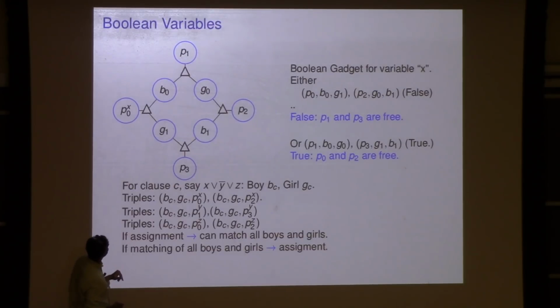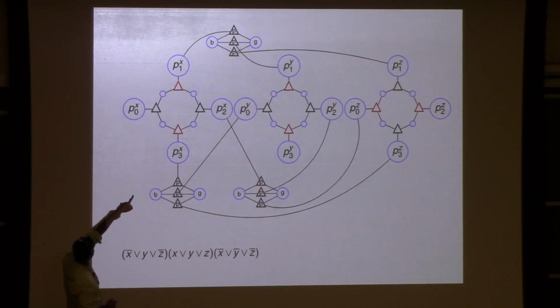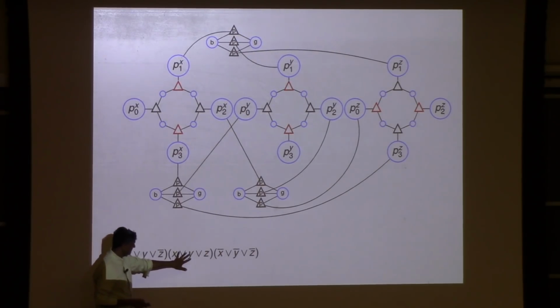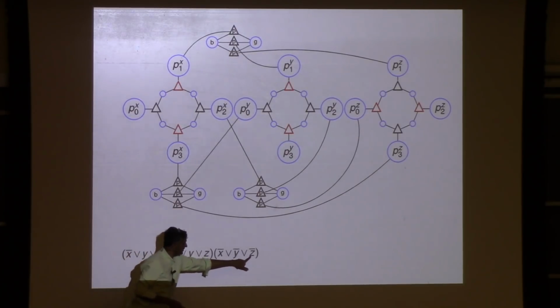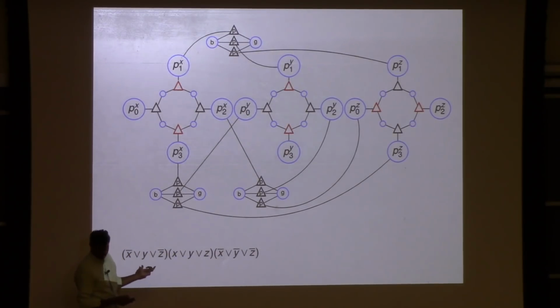Let's see. Right, assigning x to true. And so the assignment here is x is true, y is true, and z is false. Does that satisfy this? X is true, y is true satisfies this. Z is false, this satisfies this. So it's a satisfying assignment.